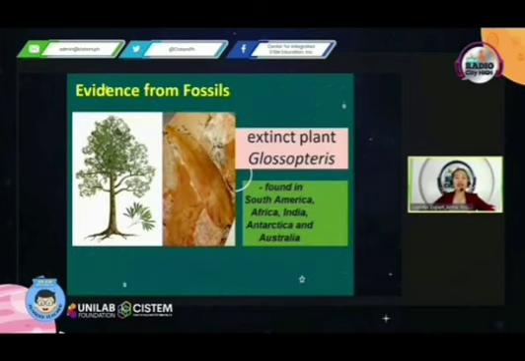Okay, so evidence from fossils. You know for sure what fossils are, di ba? So these are the remains of animals and plants from millions of years ago. So when identical species of plants and animals are found in different locations of the continents, it really proves a strong evidence that everything was once a single large landmass.